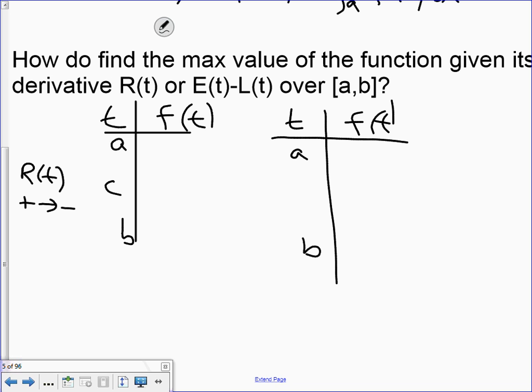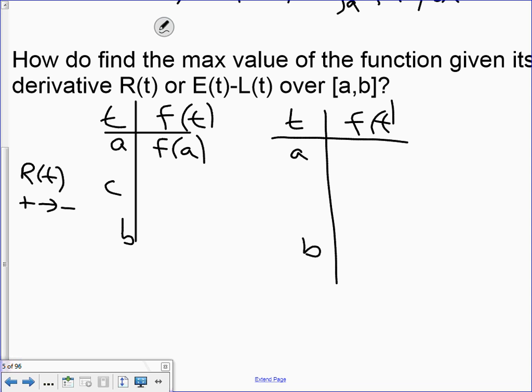So let's say in this problem, you want to find the maximum value of the function, and it involves one rate, r of t. And we know it could happen at an endpoint or when the rate goes from positive to negative. Let's say that they give us f of a. How are we going to get the value of f of c to compare?